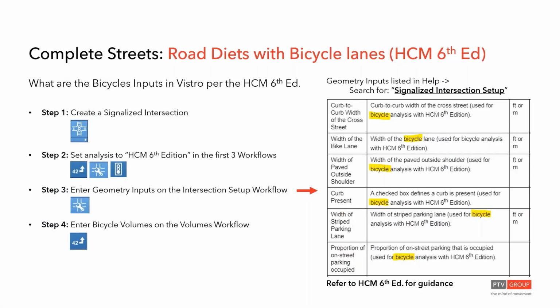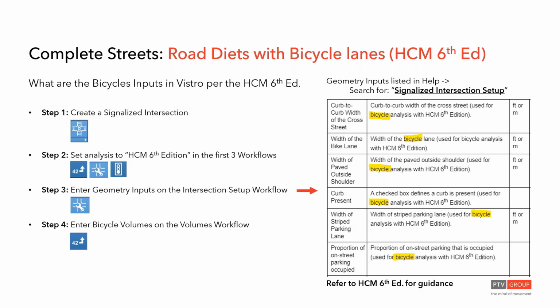So let's talk about the bicycle inputs in this first part with the complete streets. The first step when you want to do a bicycle analysis with the HCM 6th edition is that you have to create a signalized intersection. HCM doesn't apply to the unsignalized intersections with the bicycle methods.